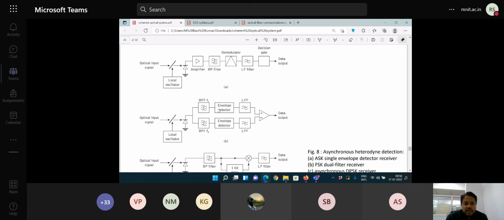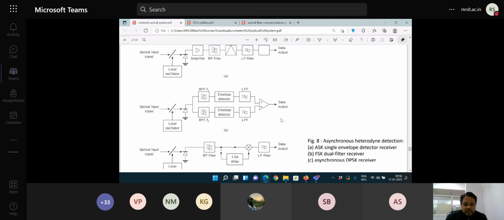So the envelope detector says if this particular frequency is present or not, and accordingly you have the data at the output. So depending on which frequency is present, accordingly the output is obtained.